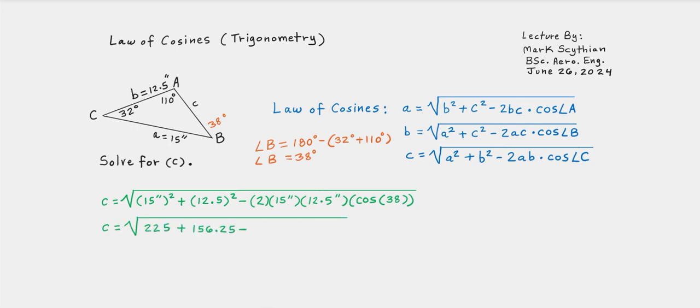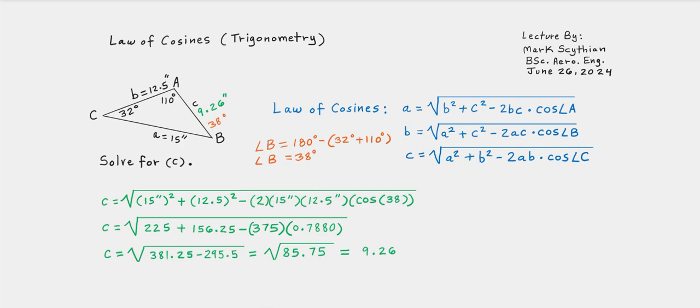So if we solve with relevance to the mathematical order of operations, parentheses, exponents, multiplication, division, addition, subtraction, we then get the square root of 85.75, which is 9.26. So side C is equal to 9.26 inches. And that's a practical example using the law of cosines in trigonometry.